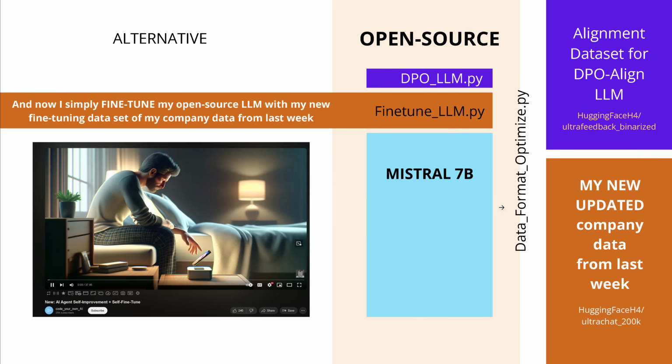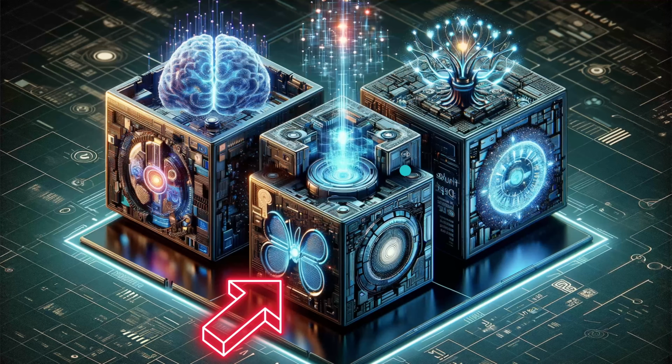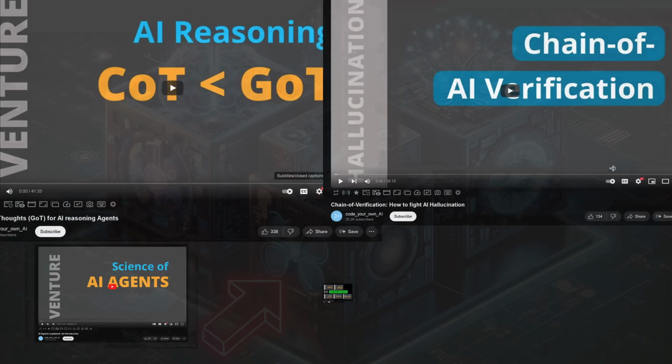If you want to see this in a video, this is the video of AI agent self-improvement and self-fine-tuning. And this gives you an outlook on the research laboratory and the research that Google presented just days ago. Beautiful. Now we know exactly what the second building block of AI in 2024 is.